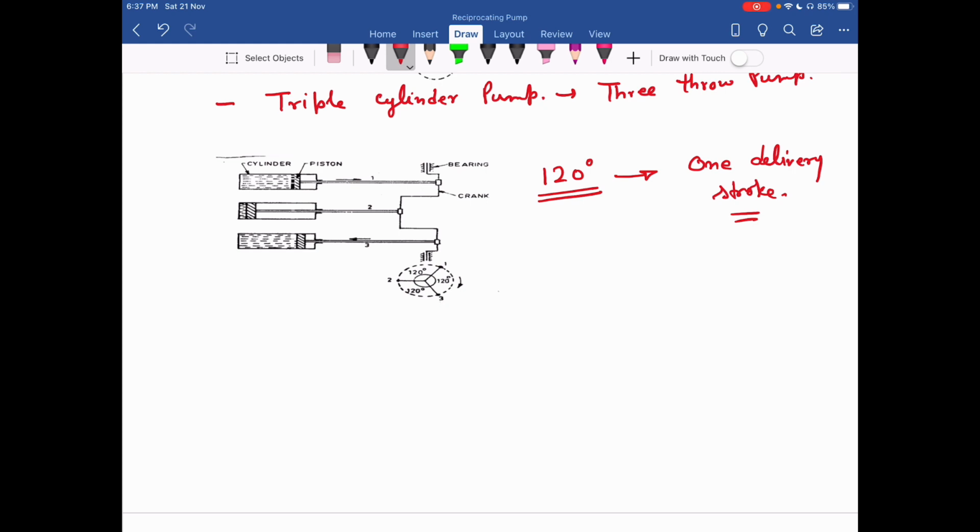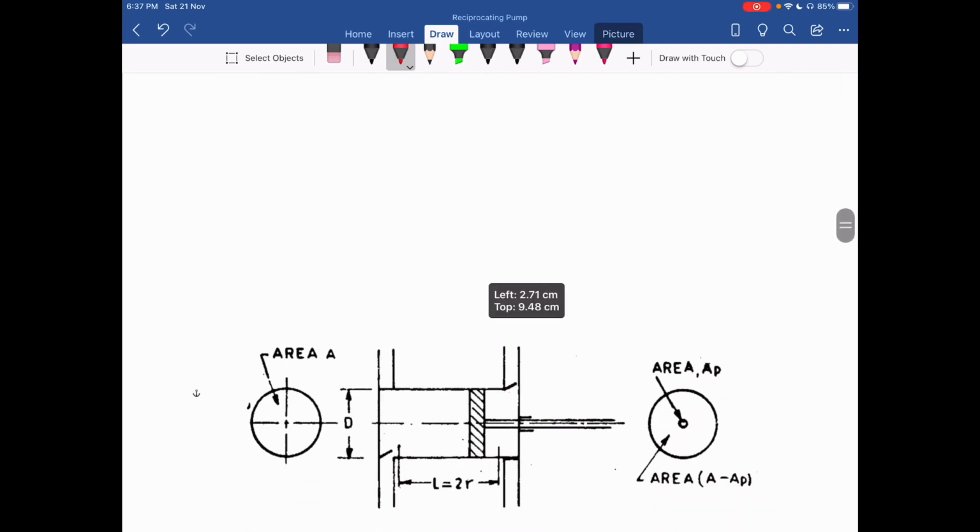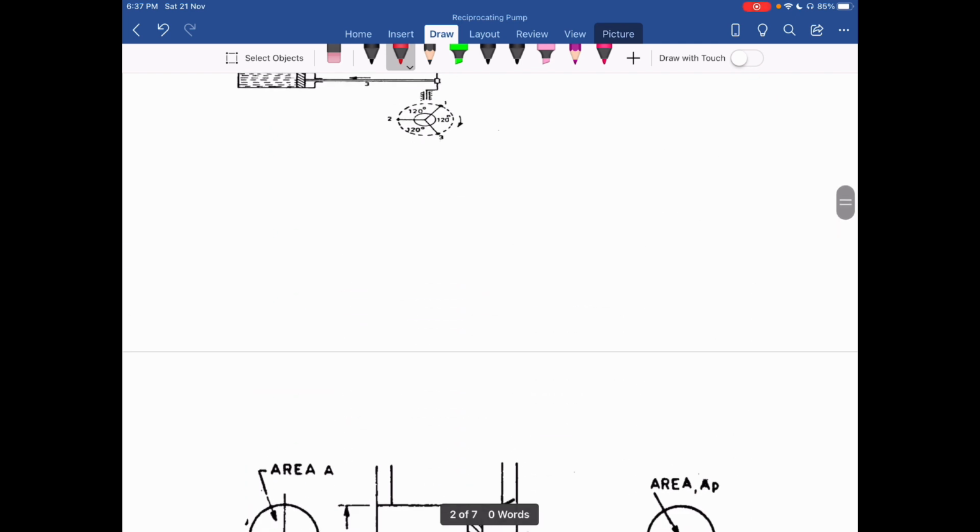The next is the formula for discharge through a reciprocating pump. The formula of discharge.